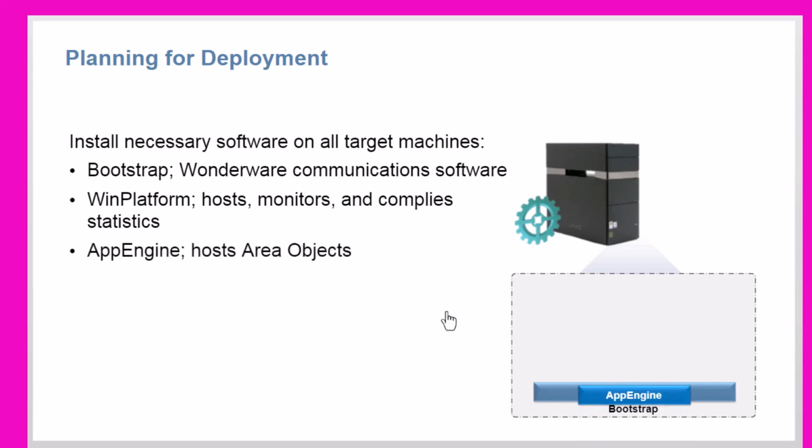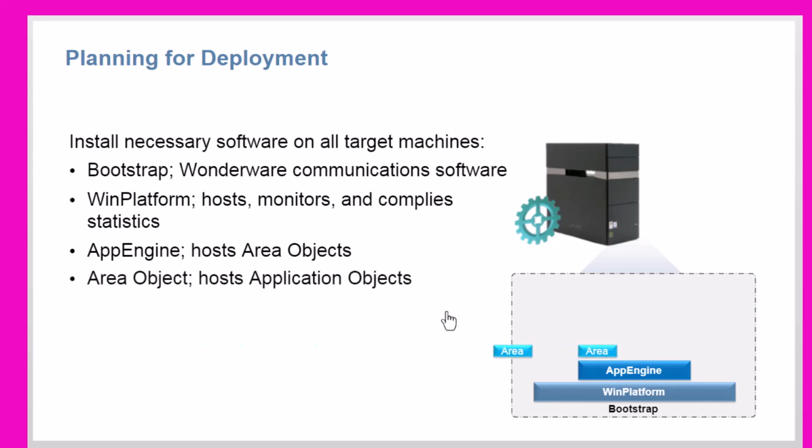Then we have the App Engine, which is a scan-based object where the execution scan retrieves data from a PLC, programmable logic controller. The App Engine objects host area objects for alarm grouping and filtering. The application goes to the PLC and gathers data based on the scan time parameters set in the configuration attributes. For example, 1 second, a half a second.